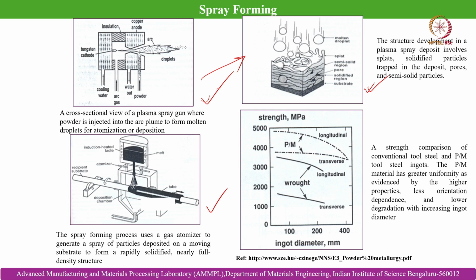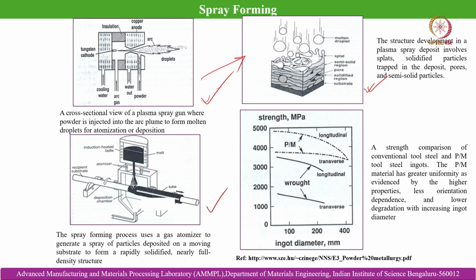It is a highly dynamic process, and because of this plasma spray deposit, some of the powder particles experience complete melting while getting deposited. Some of the powder particles remain in the semi-solid state, and some of them even remain solid, or experience only partial, minimal or negligible melting.